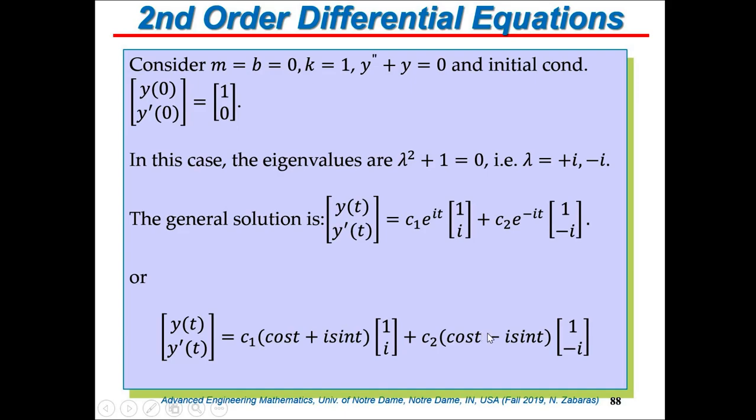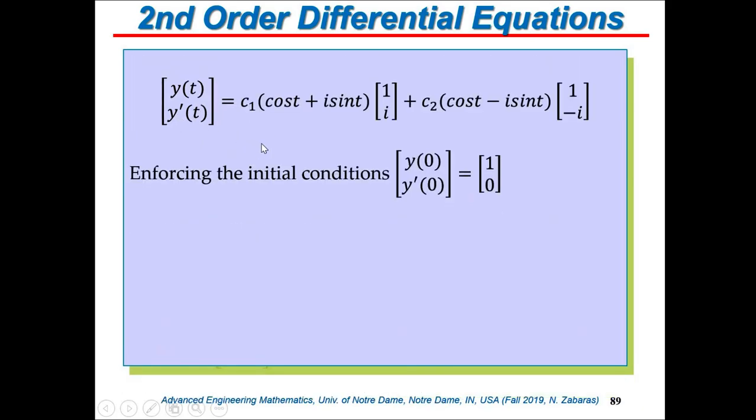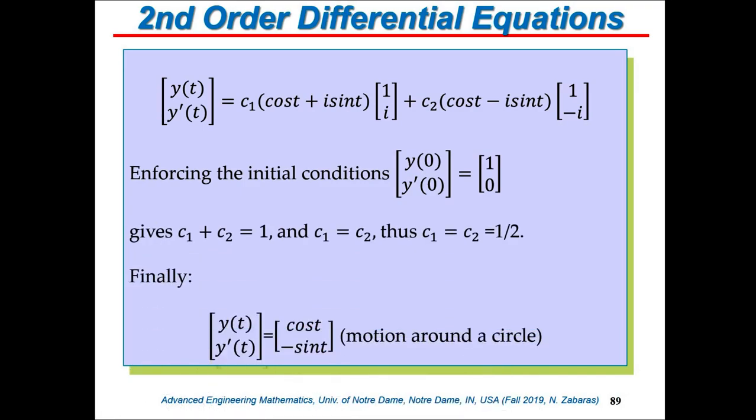So if you plug in time equal to 0 in this equation, and you constrain the expressions so that y at 0 is equal to 1 and y prime at 0 is equal to 0, you get a solution that, if I go directly to the answer, gives you these coefficients C1 and C2, and you can do the algebra if you want to.